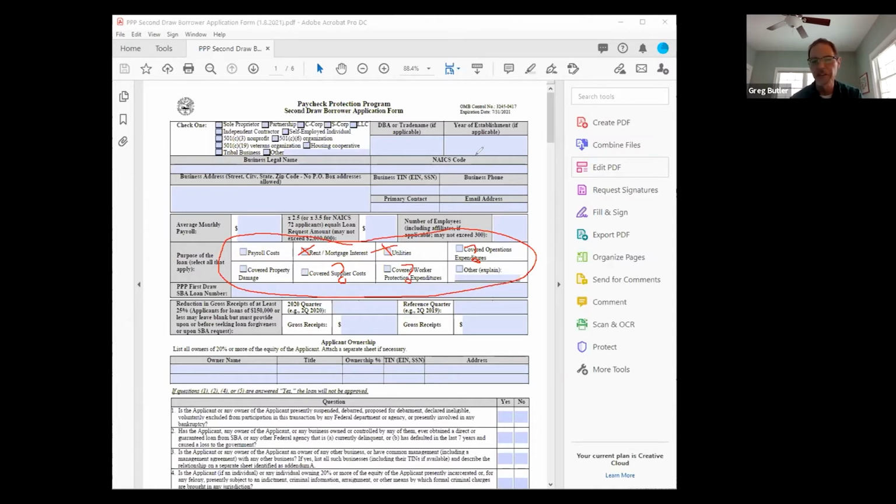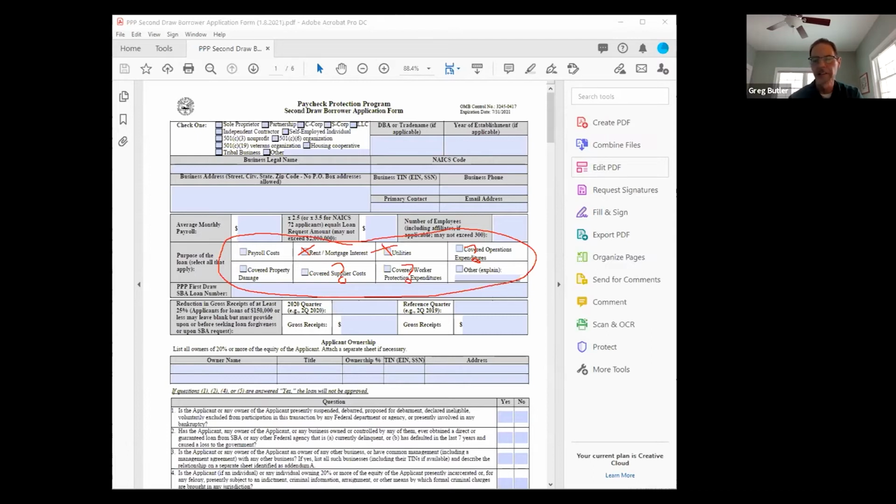They've also expanded the other costs. If you compare this back to an old loan forgiveness application, you're not going to see anything such as covered supplier costs or covered property damage or covered operations expenditures or covered worker protection expenditures. Those are all new categories that apply for round one and second draw.